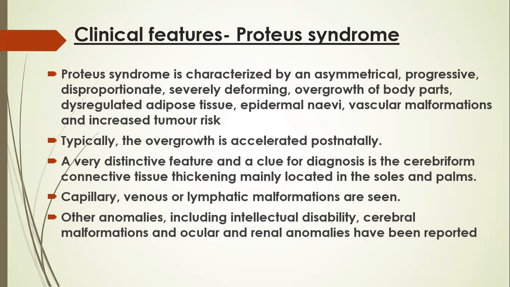Typically, this overgrowth is accelerated postnatally. A distinctive feature and clue for the diagnosis is the cerebriform connective tissue thickening, mainly located on palms and soles. Then capillary, venous, or lymphatic malformations are seen. Other anomalies include intellectual disability, cerebral malformations, ocular and renal anomalies.